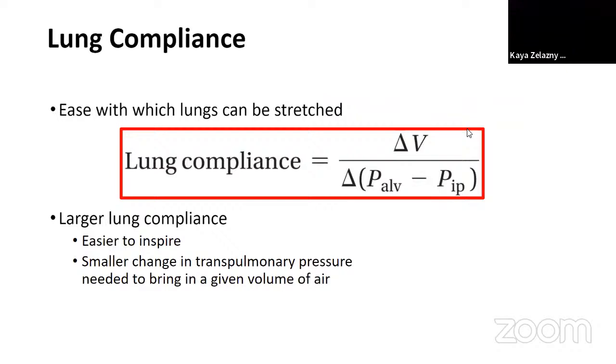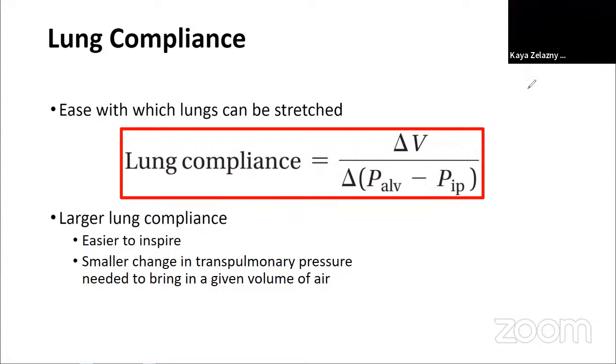All right. So compliance, we can think of as how easy it is to stretch the lungs. If you have greater lung compliance, this makes it easier to breathe. Now, looking at the equation in this way is not very intuitive to me, so I am going to reshape it. If it makes sense in this shape to you, you can leave it alone.